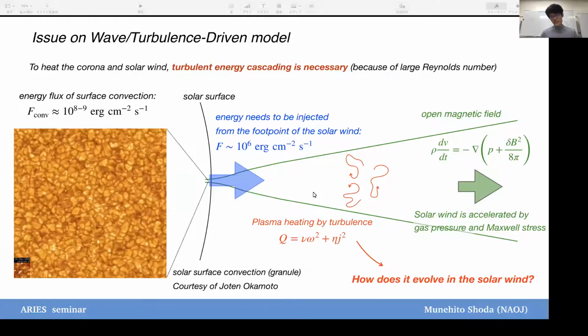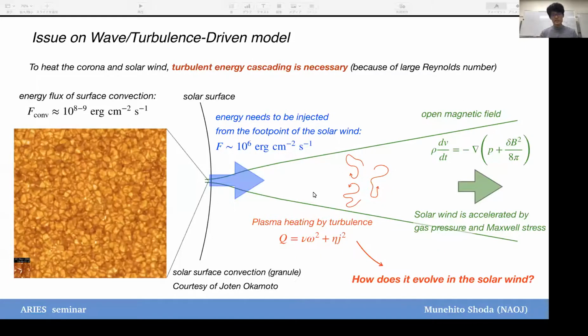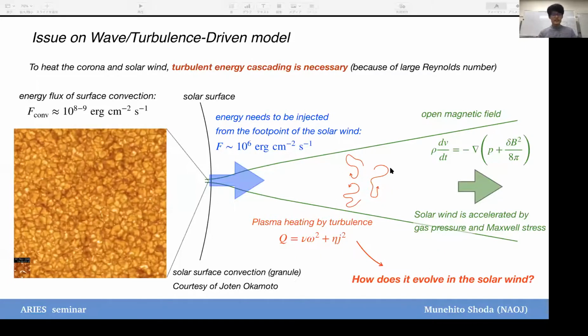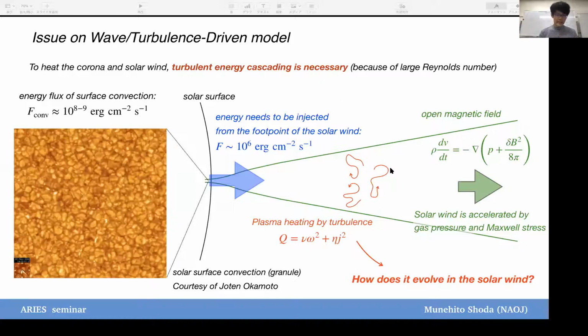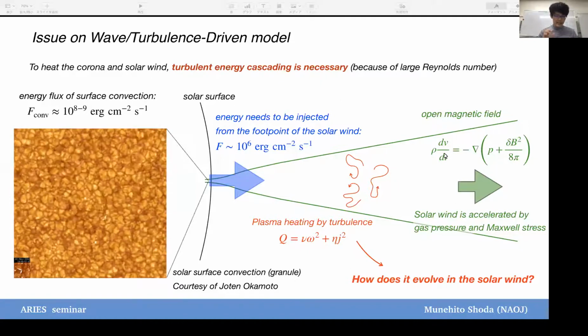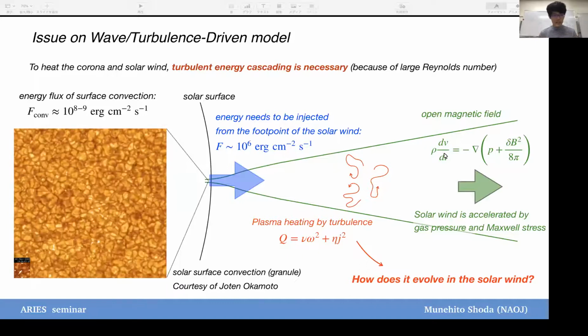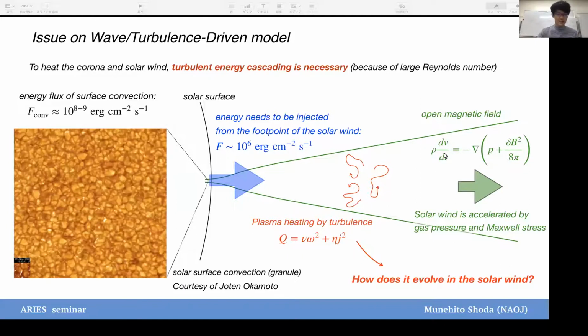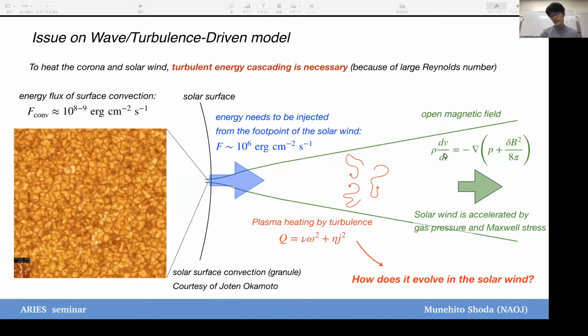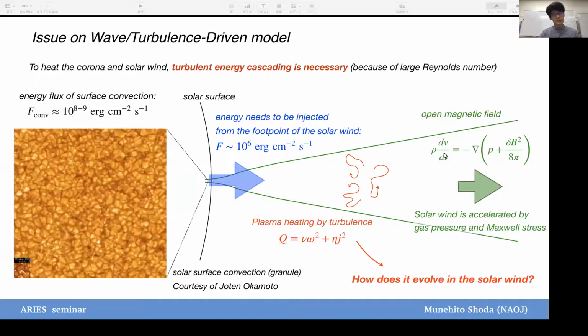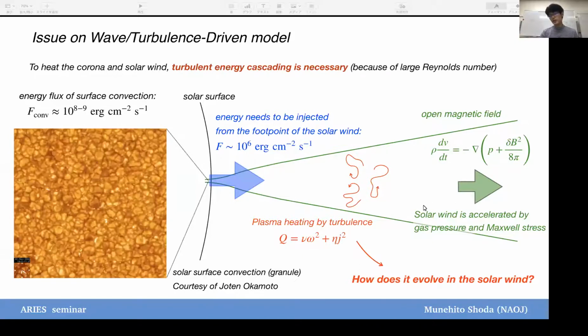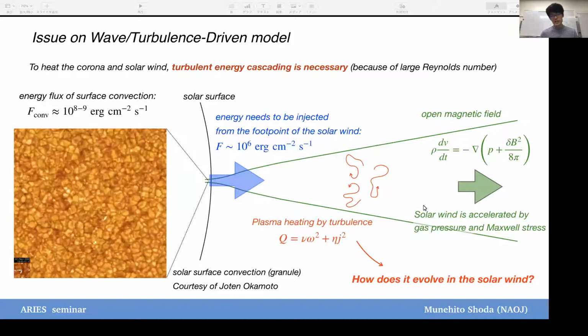So in other words, we need energy cascading by turbulence in the solar wind. And if you have the fluctuation in magnetic field, it means you have an additional momentum source. So you can accelerate the solar wind by the pressure gradient force and magnetic pressure gradient force, or Maxwell stress. So anyway, the solar wind can be accelerated by gas pressure and magnetic pressure.